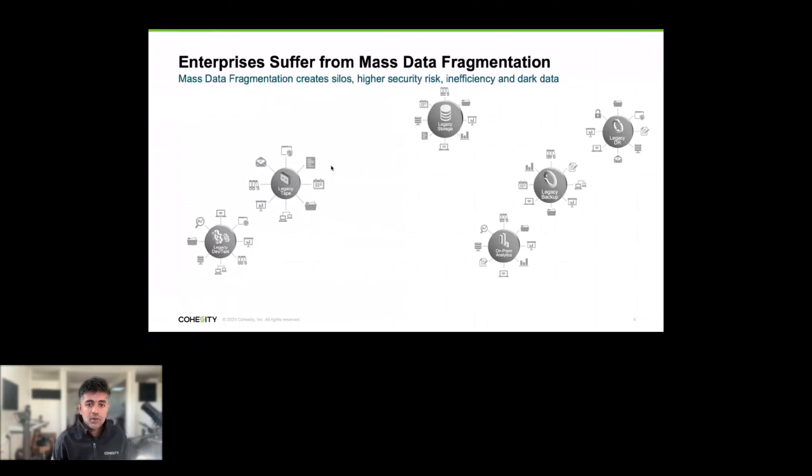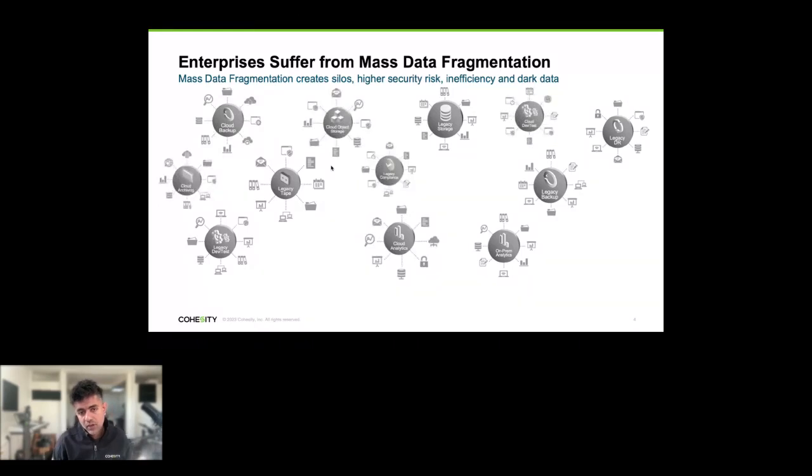If you're working for any company over the course of the last 25 to 30 years, we've had millions and zillions of applications that have come in creating more data. And the more applications there are, whether it is on premises or in the cloud, you're creating more and more of these silos, the more data that's being created.